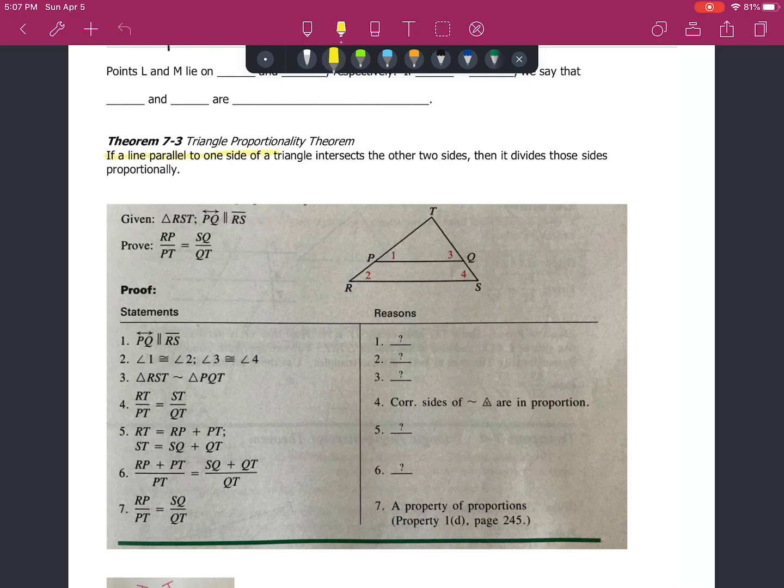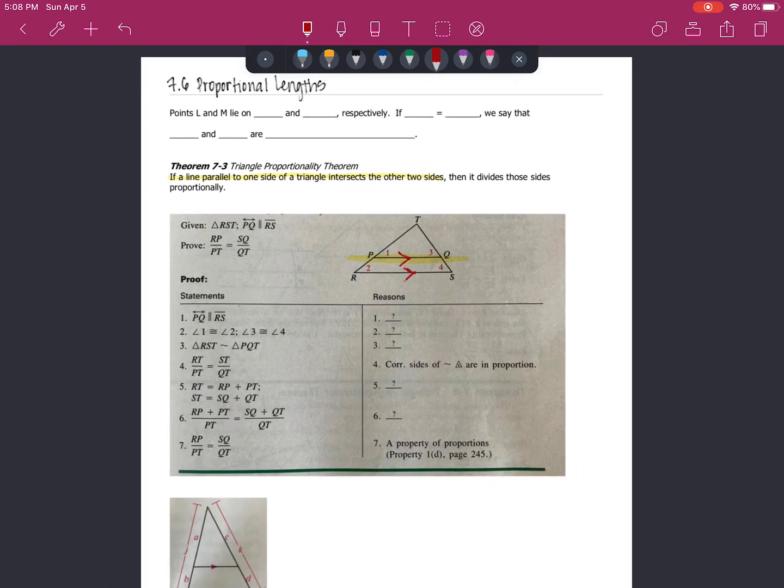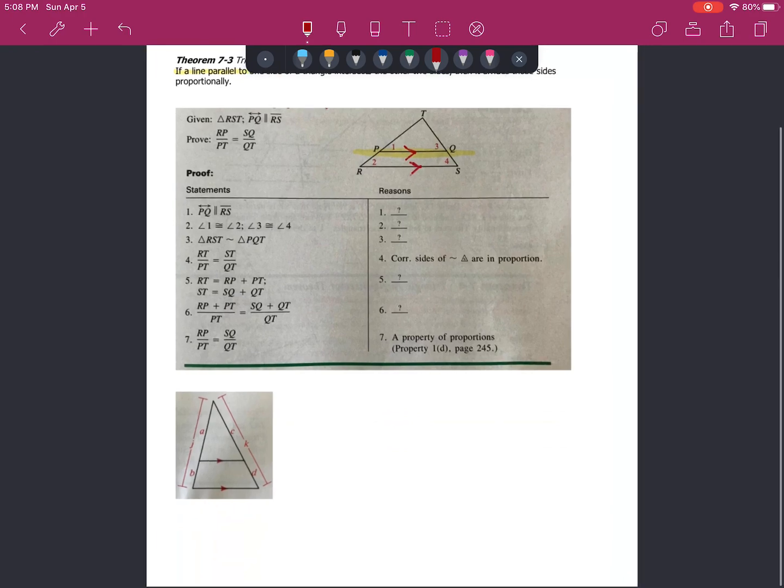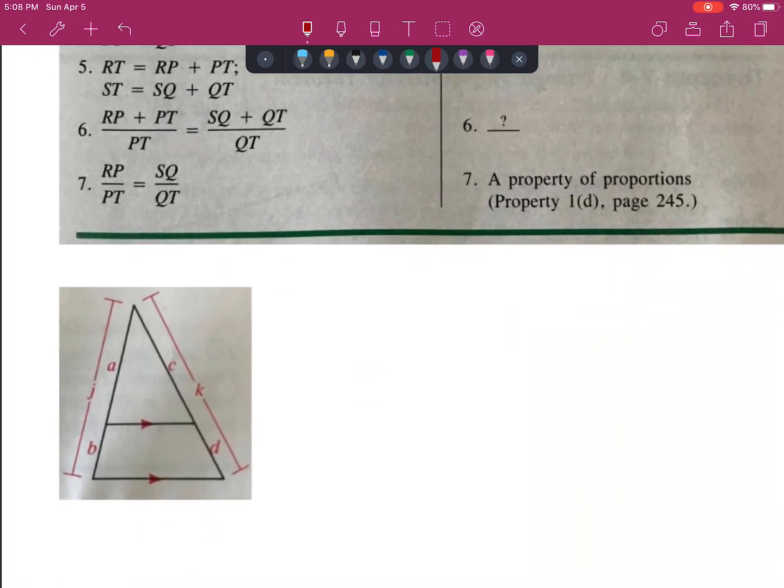And what that says is, if a line parallel to one of the sides of a triangle intersects the other two sides, then it divides those sides proportionally.